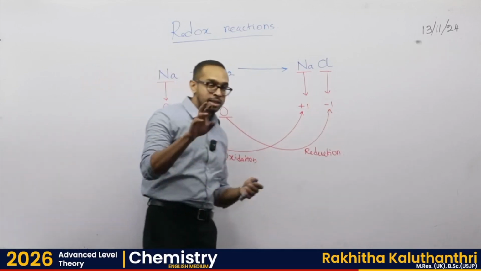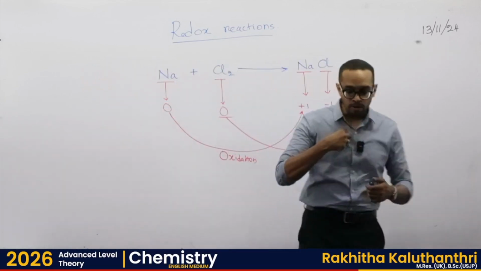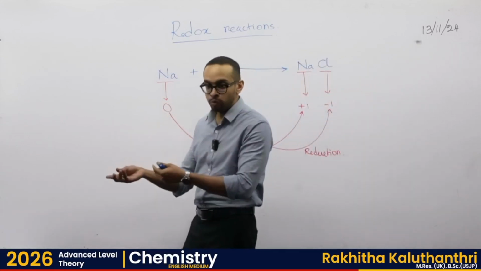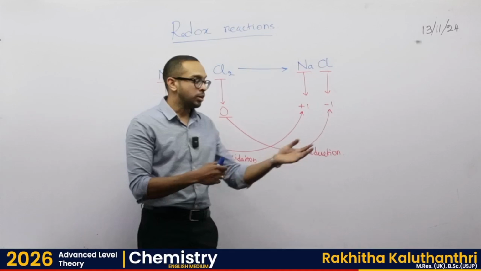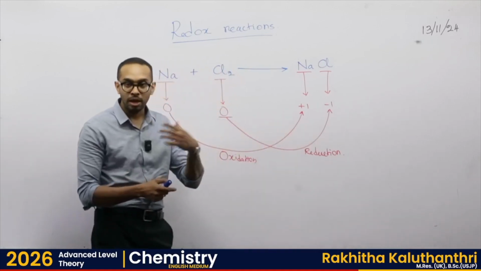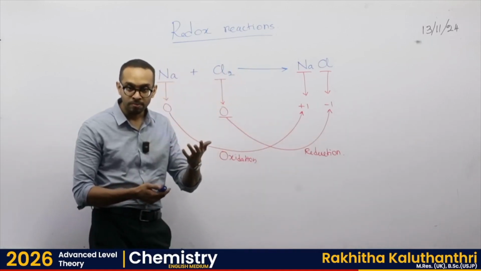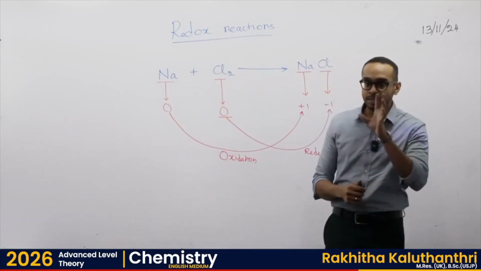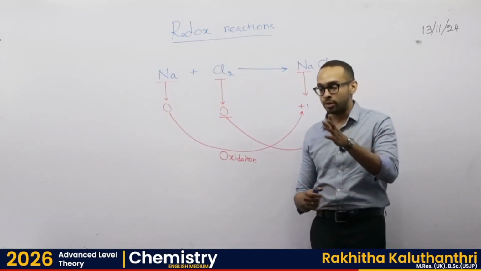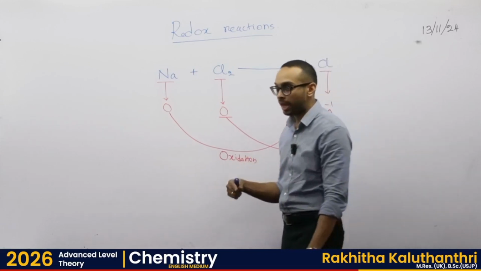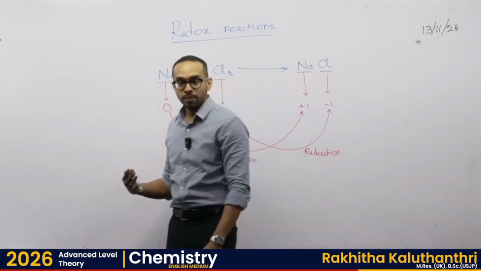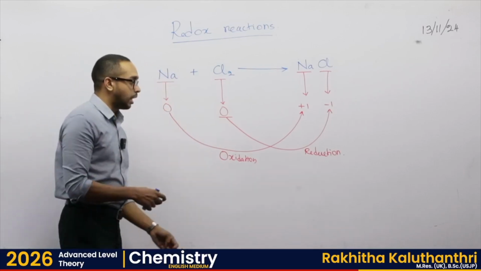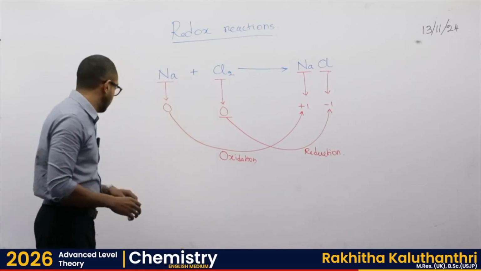So the main thing here is the amount of electrons given off by a reactant should be exactly the same as the number of electrons taken in by the other reactant. Is that clear? So in other words, there can't be a mismatch in electrons. Number of electrons removed and number of electrons gained should be the same. Otherwise that chemical reaction is not necessarily happening the way we have written it, right?